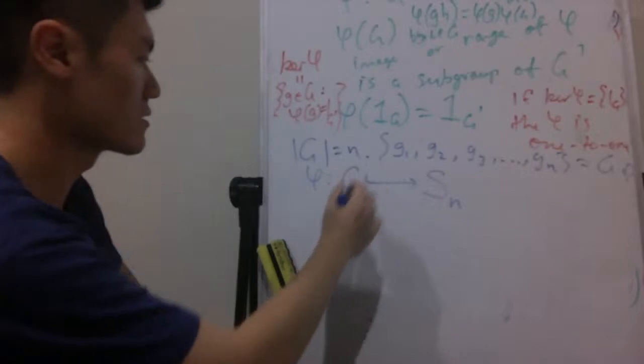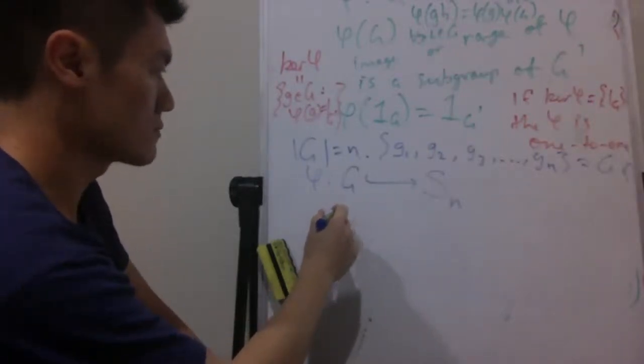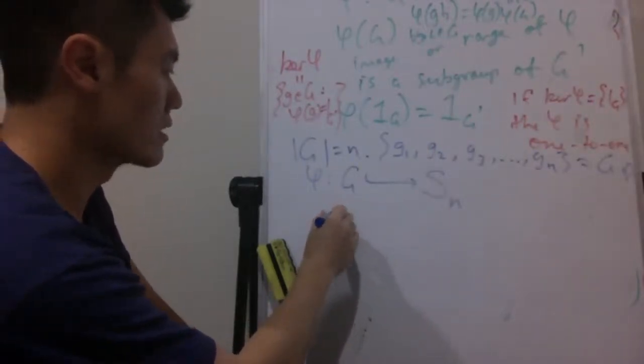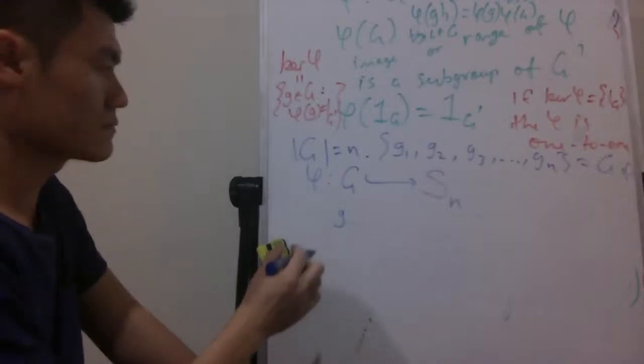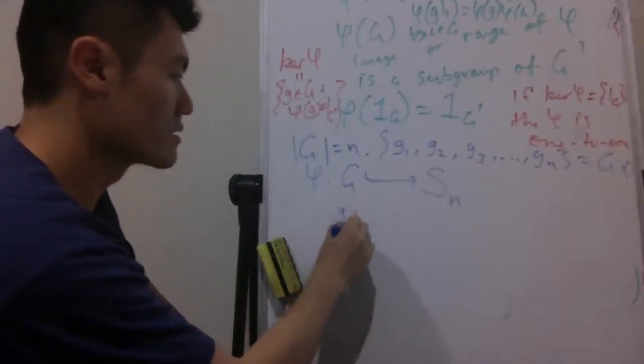And how does this function get defined? Well, let's take any element of this group. What function does it go to?